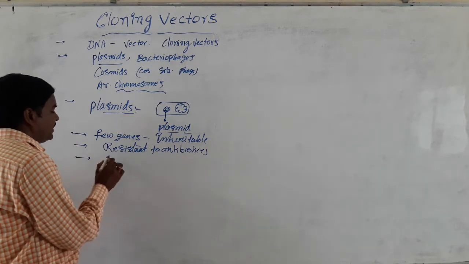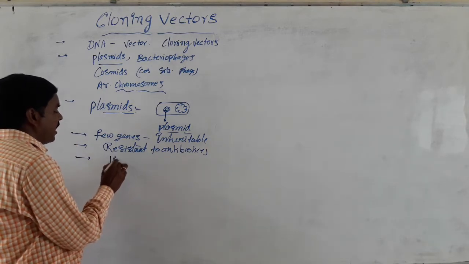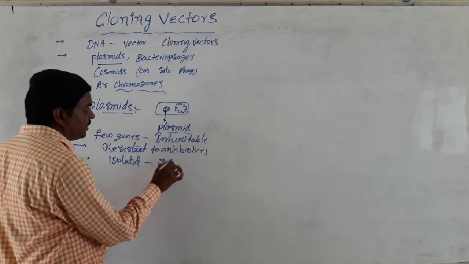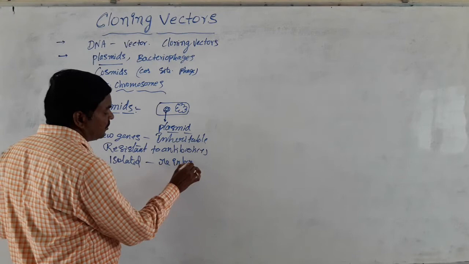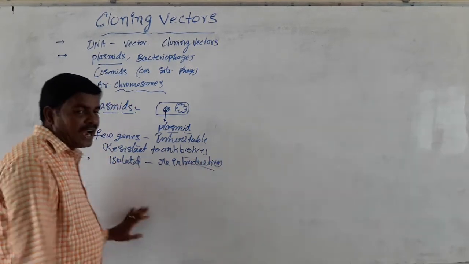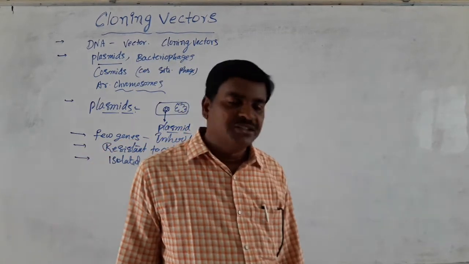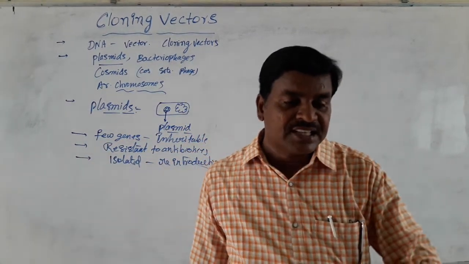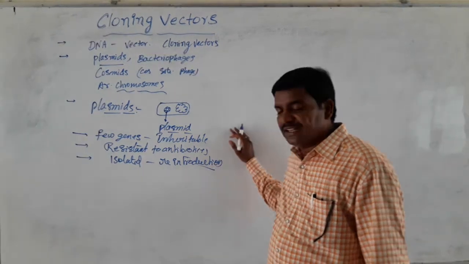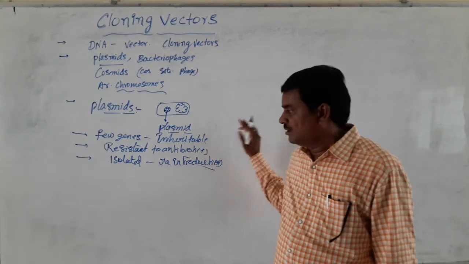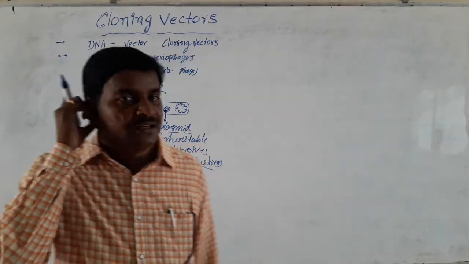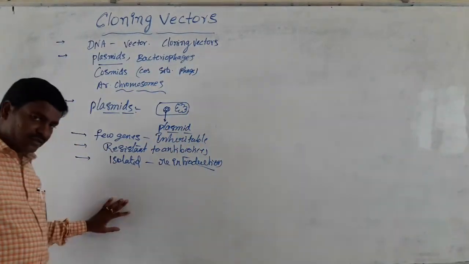They can be easily identified and easily isolated from the bacterial cells. At the same time, they can be easily reintroduced into the bacterial cells after the insertion of the gene of interest. So these plasmids are ideal in recombinant DNA technology.